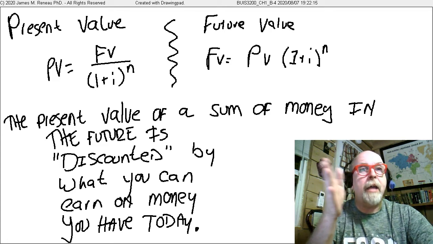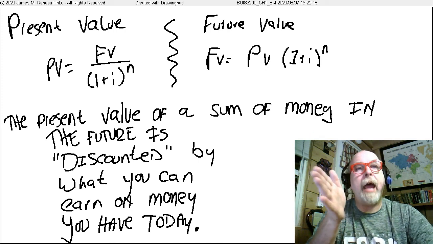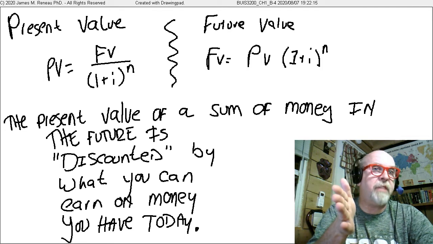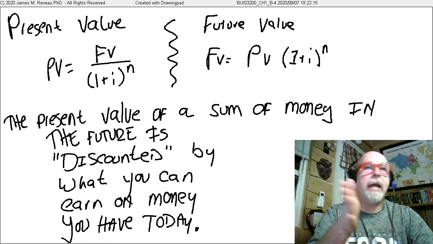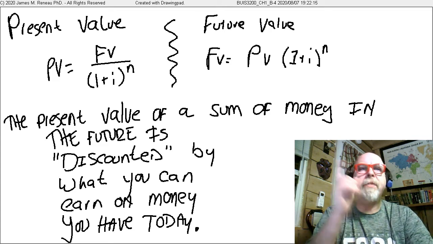If I needed $1 million in 10 years, and I had $500,000 today, I could invest it at 7.2% interest and I'd double it in 10 years. So you can stop and think about that.